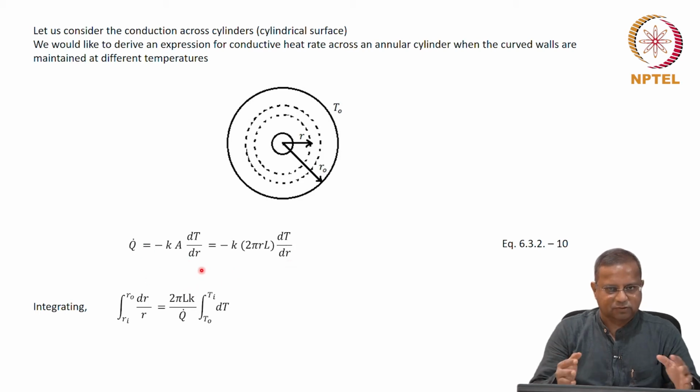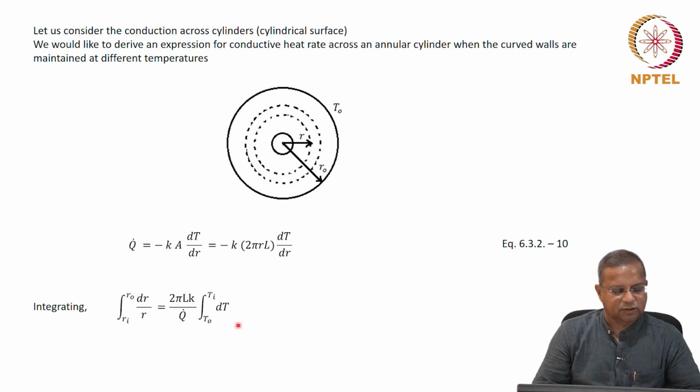You know this manipulation, and then we are integrating to get Q dot equals k times 2 pi L (Ti minus T naught) divided by ln Ro divided by Ri. So, this is what you get by integrating this equation between the limits of Ri and Ro, and going from T naught to Ti.